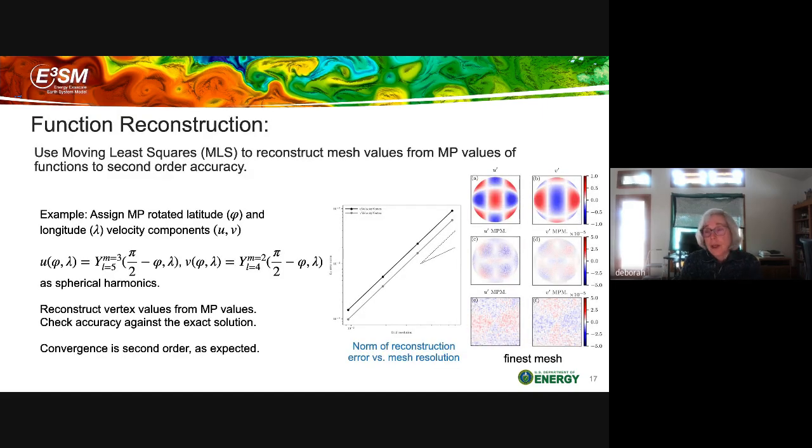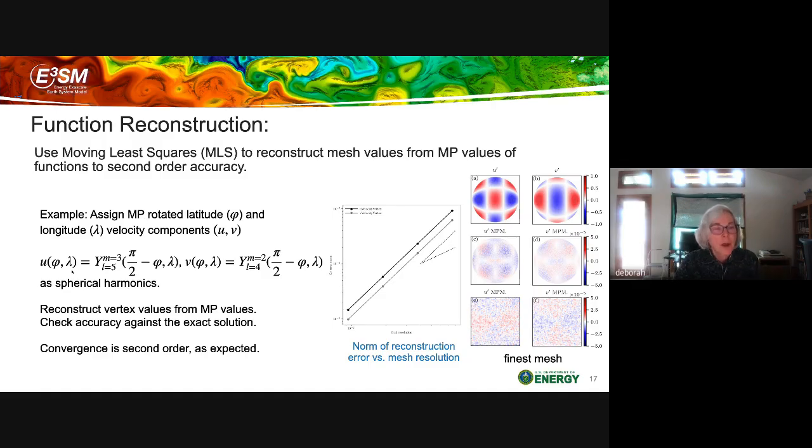Okay, so let's look at the function reconstruction. So in this case, we're going from material points to the grid. And so we're going to use the moving least squares basis functions that I described. So in this example, what we do is assign the material points velocity components.